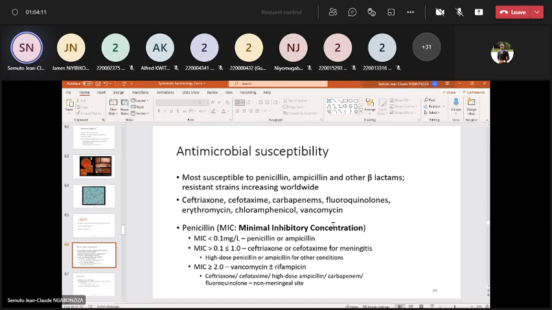So when you have your isolate, your growth, you can see what the minimal inhibitory concentration of this isolate is. By increasing the concentration gradually, you can know that this strain can be inhibited by only 0.1 milligram per liter of the antibiotic, or in between, or even a higher concentration.